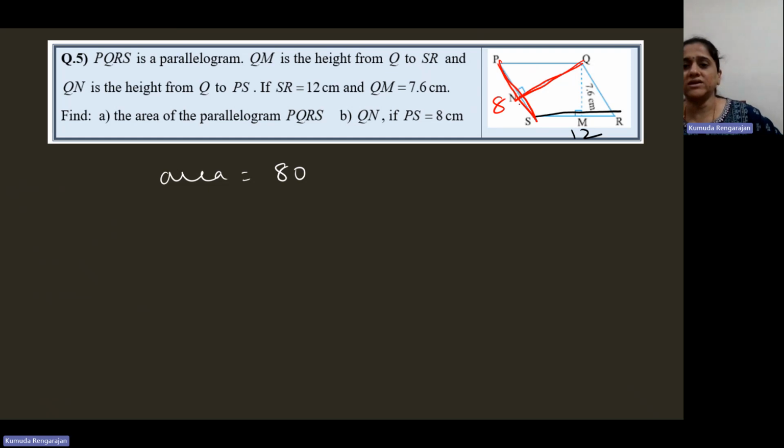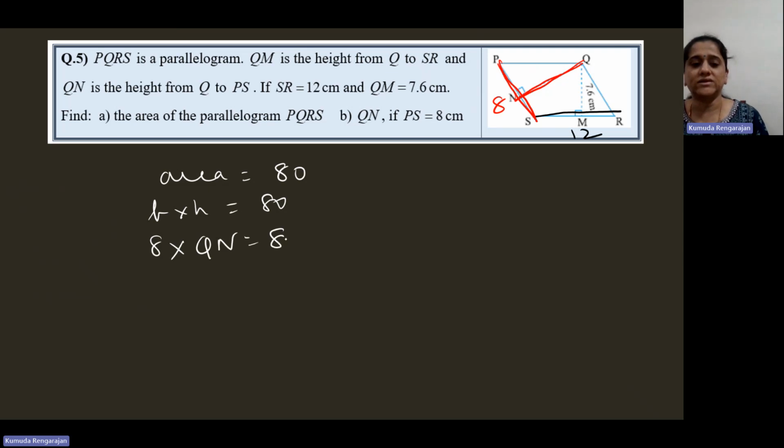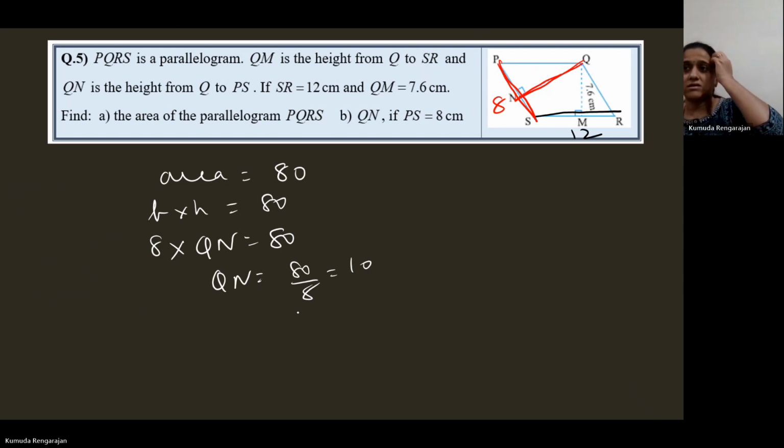So PS is 8, right? You should find QN. In the first question, you found area. Area is 80, for example. So base into height is equal to 80. What's the base? 8 into height QN is equal to 80. So QN is equal to 80 by 8, which is equal to 10. All right?